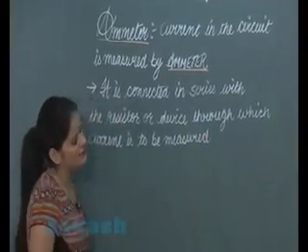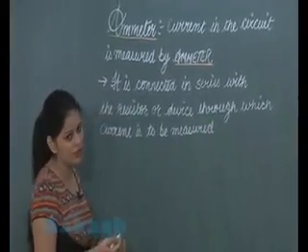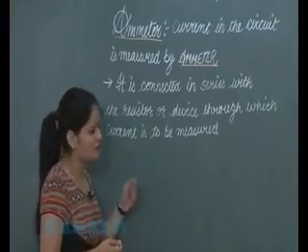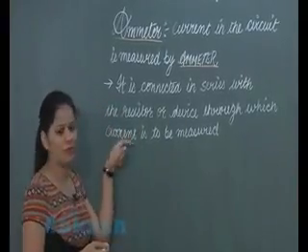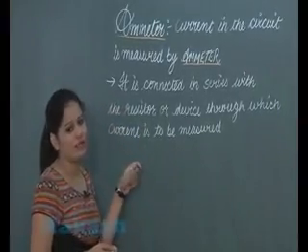Student, it is connected in series because we know in series combination current remains the same. So student, the same current will flow through the ammeter and it will give you the accurate reading.